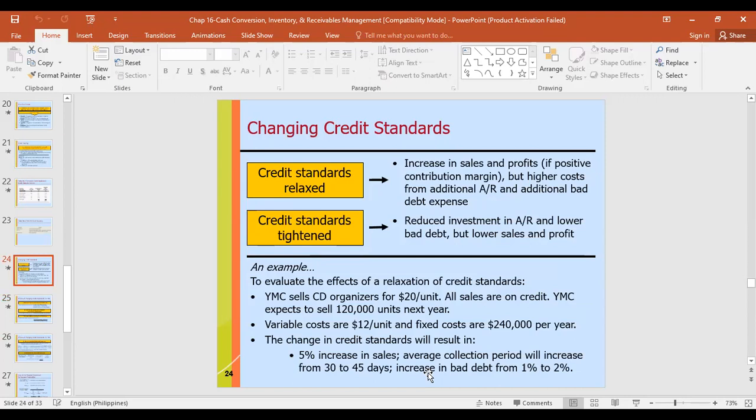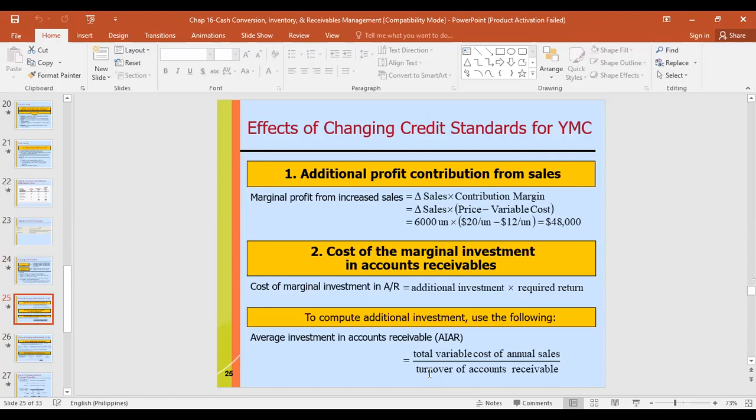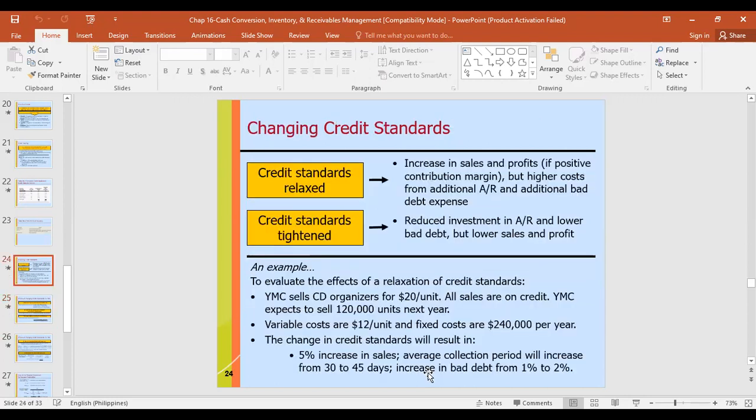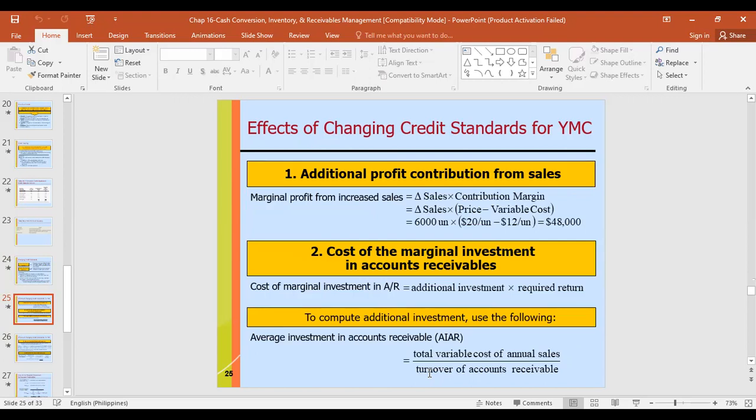So we take note of that. And then whatever is our annual sales cost, our turnover, by the way, is 8.111 dot dot dot. So use everything. Total variable cost of our sales from this.